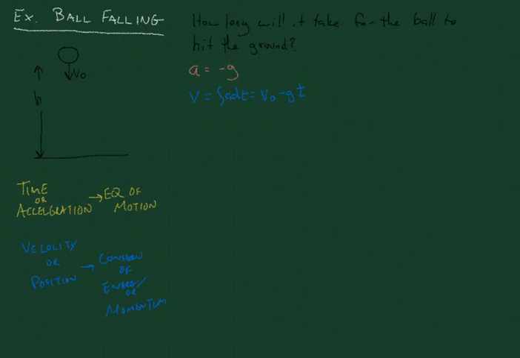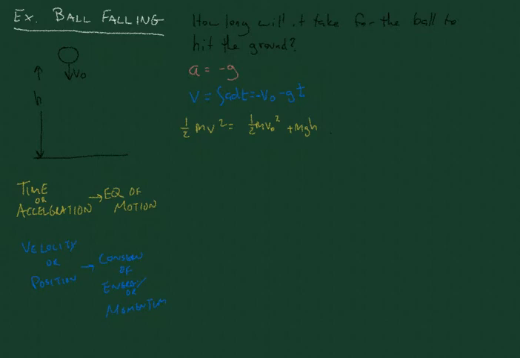Of course, v0 in this case is negative. Okay, and then now we can use conservation of energy and say that 1/2 mv squared is equal to 1/2 mv0 squared plus mgh.